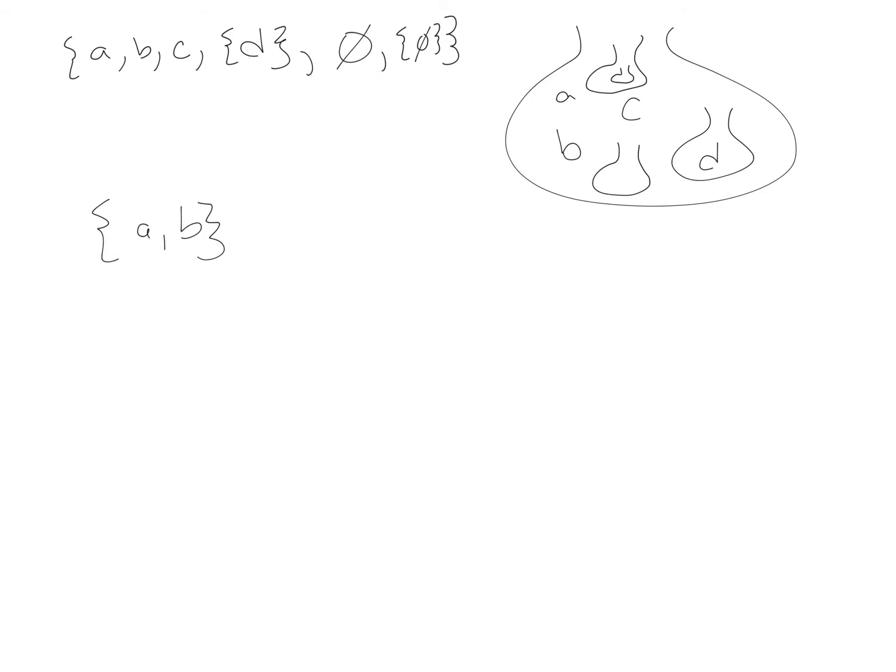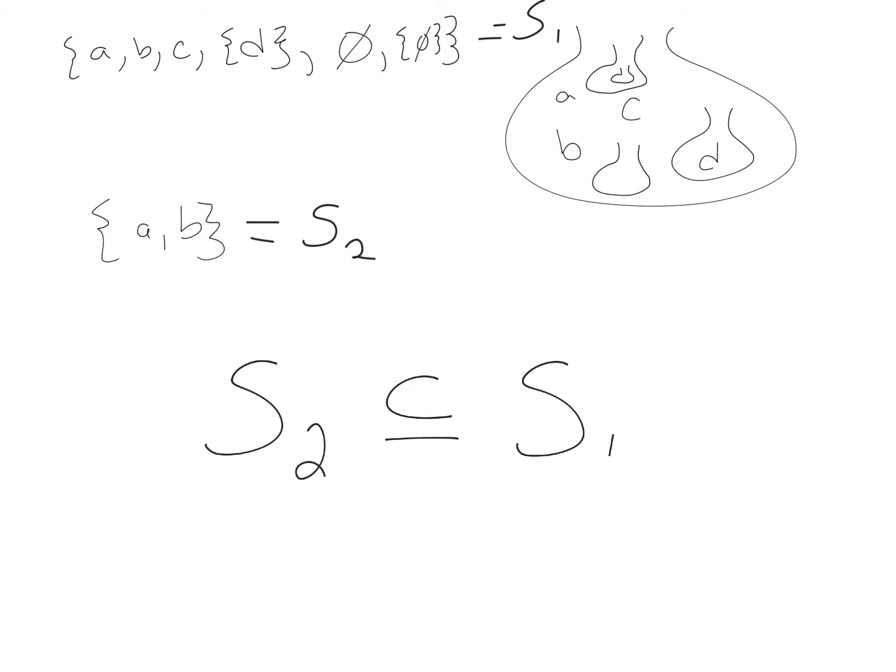So let's, just to make our lives a little bit easier, we'll call this set set 2, since it's the second one we made, and we will call this other one set 1. So the question that we want to answer is, is set 2 a subset of set 1? All right, so that's what I want to know.